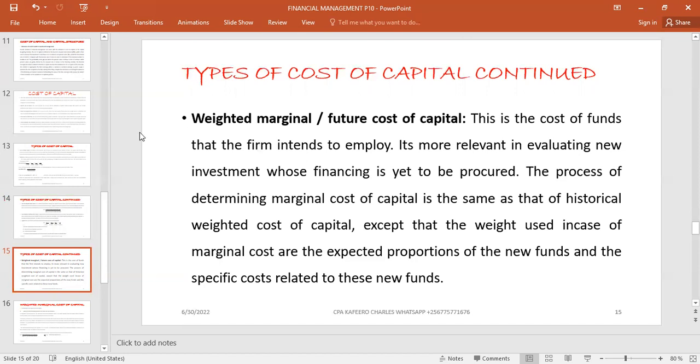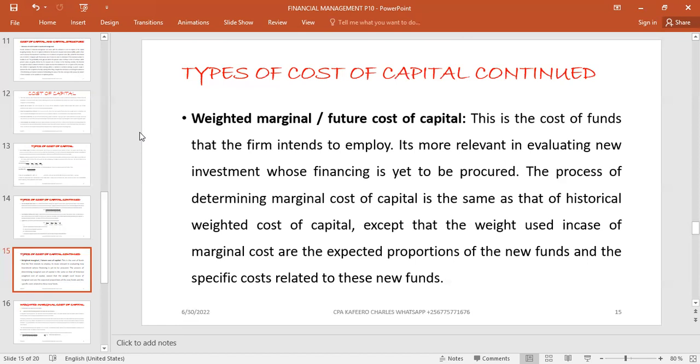As we said, this is futuristic. It's something we are planning to incur in the business. It's more relevant in evaluating new investments whose financing is yet to be procured.